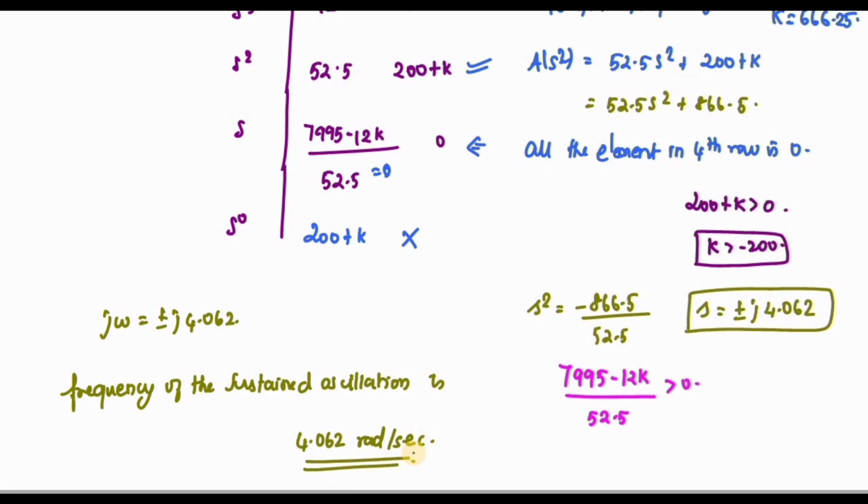Since frequency is not negative, I take the positive value; it is an angular frequency, so it is represented as omega and the unit is radian per second.